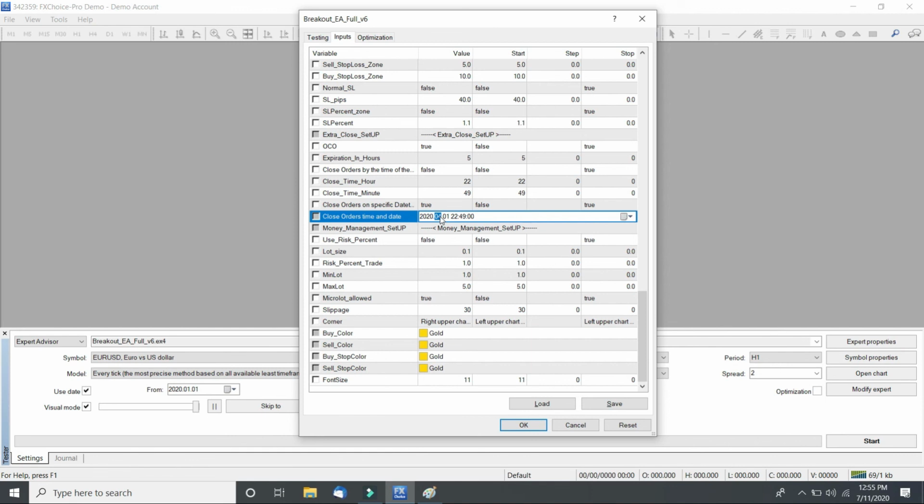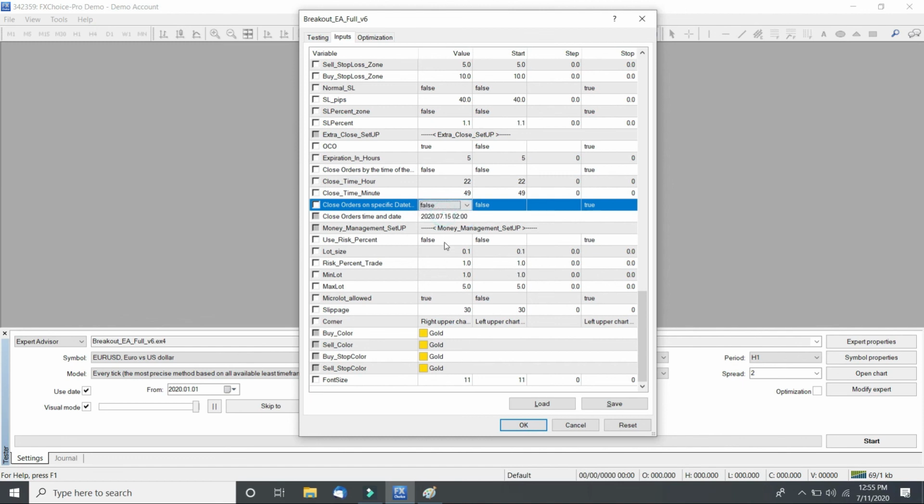I want this order to close on July 15, and the time I want it to close at 2 a.m. Okay, and this is set to true, right? But I don't want to do that right now because I want to run it for you to see how does it work.